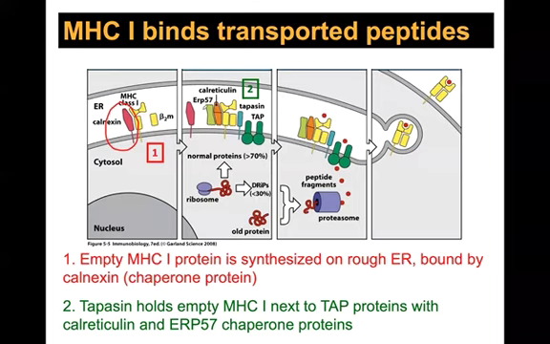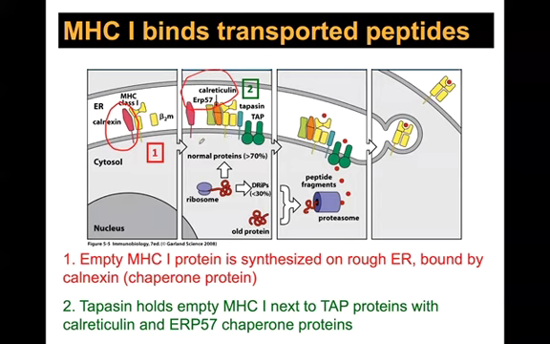The two other proteins are calreticulin and ERP57. Calreticulin is more specific for MHC, but ERP57 is just a general endoplasmic reticulum chaperone protein. Their job is to hold the MHC open so that peptides that come can actually bind in that peptide binding groove.